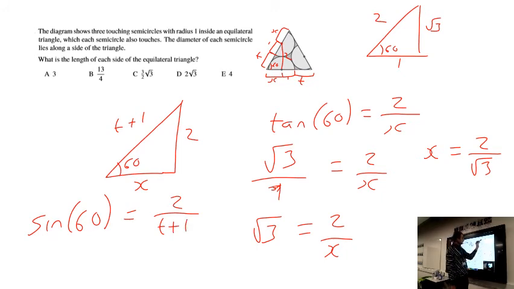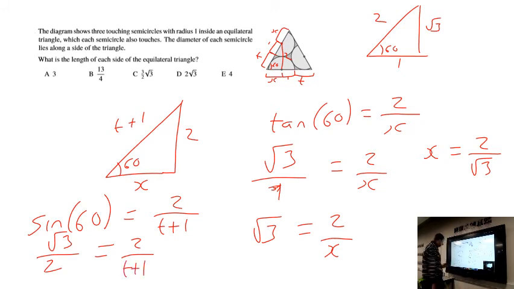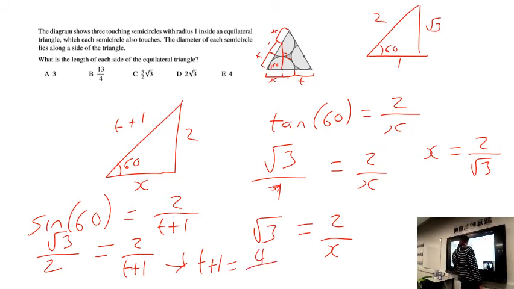Sine 60 is square root of 3 over 2, which is equal to 2 over t plus 1. So rearranging this, we get t plus 1 is equal to 4 over square root of 3. Okay, now we have everything.